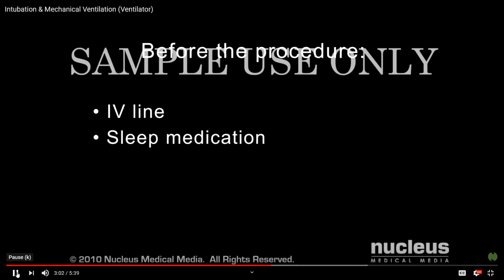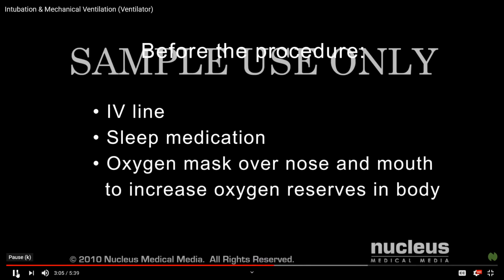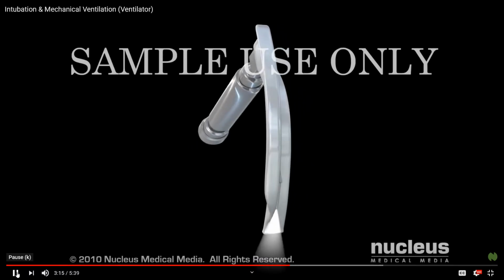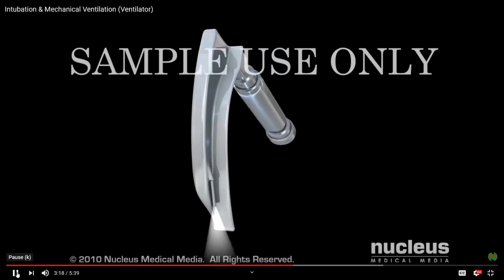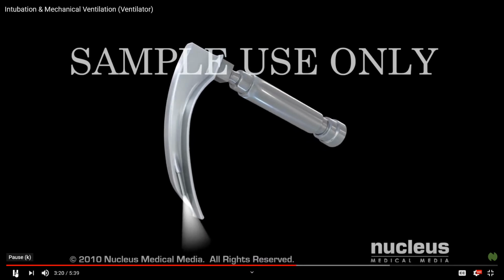As the medication takes effect, he or she will place an oxygen mask over your nose and mouth and ask you to breathe deeply, ensuring that you will have a reserve of oxygen in your system prior to the procedure. The first step in mechanical ventilation is called endotracheal intubation.